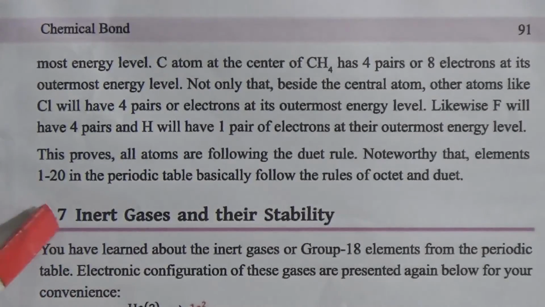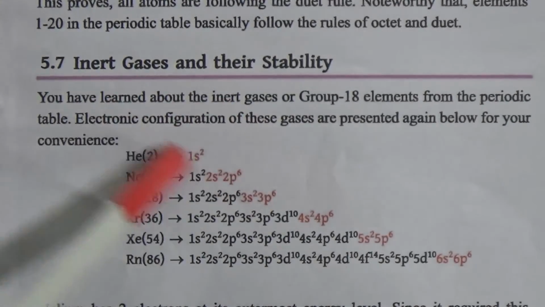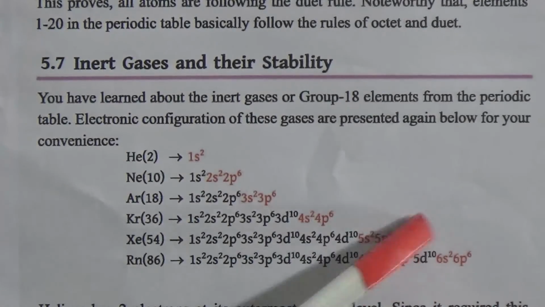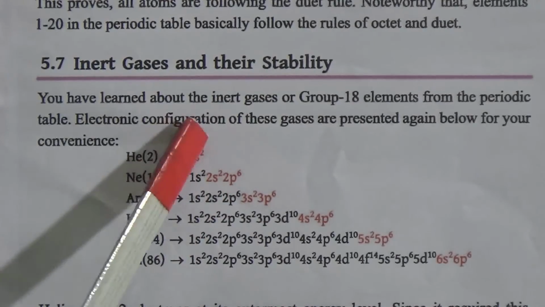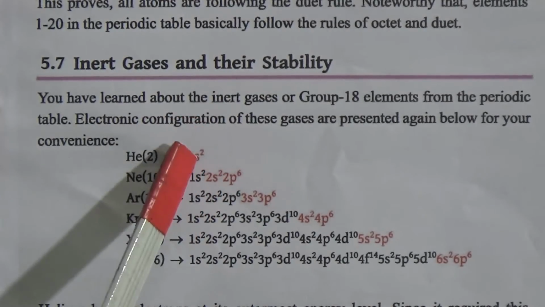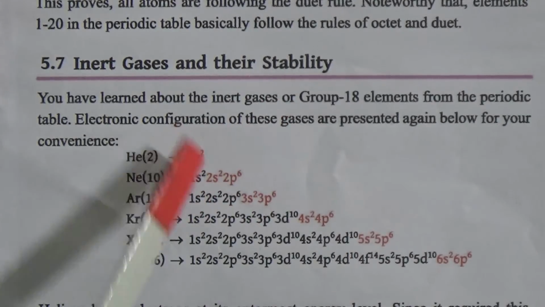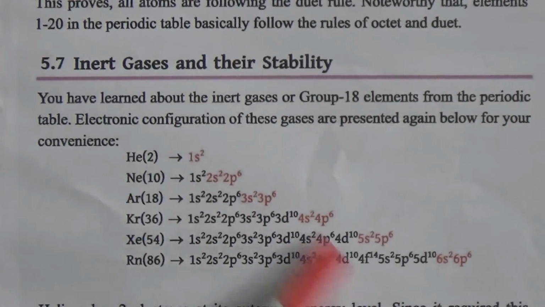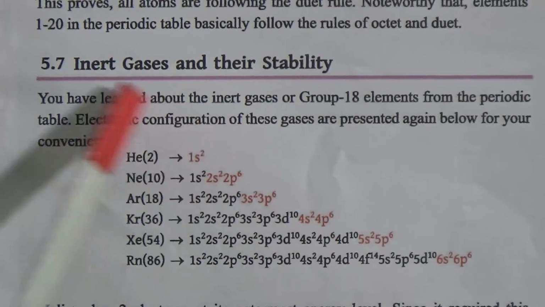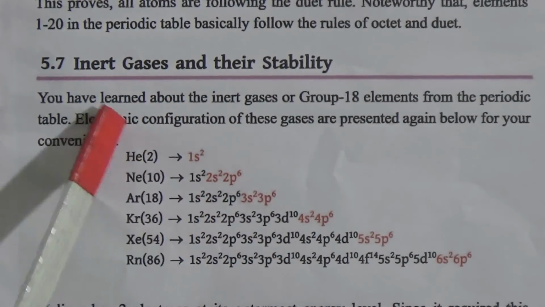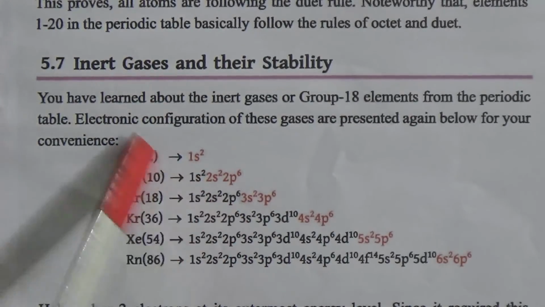Now come to the inert gas, which we have already learned about. Why are they called inert gases? Because their outermost energy level is filled up with electrons, and that's why they get stability. That's why they don't want to donate, or share, or accept any electrons, and that's why their name is inert, and all of them stay in the gaseous form at natural temperature.